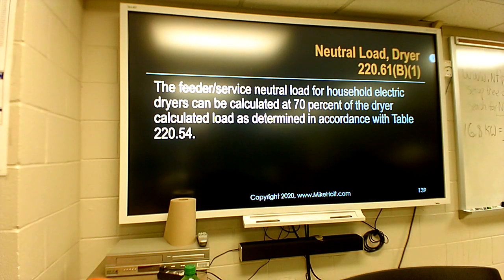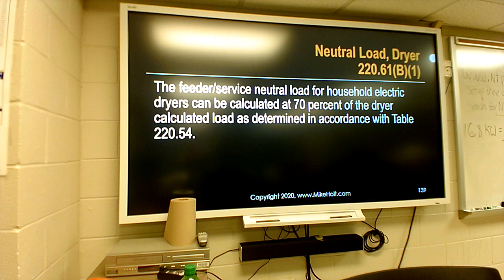The feeder service neutral load for household electric dryers can be calculated at 70% of the dryer calculated loads in accordance with 220.54. So go in your handout and look up 220.54, which would be before that. That chart is for clothes dryers only, not stoves.